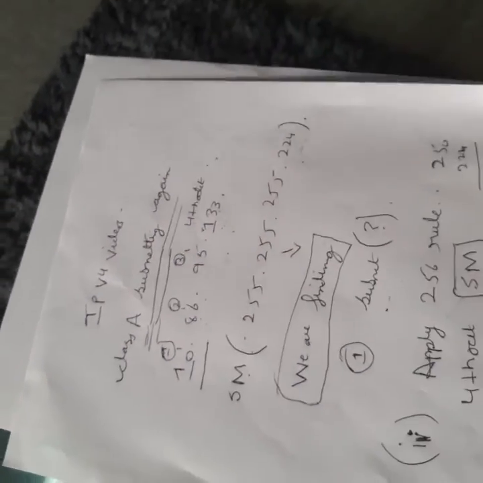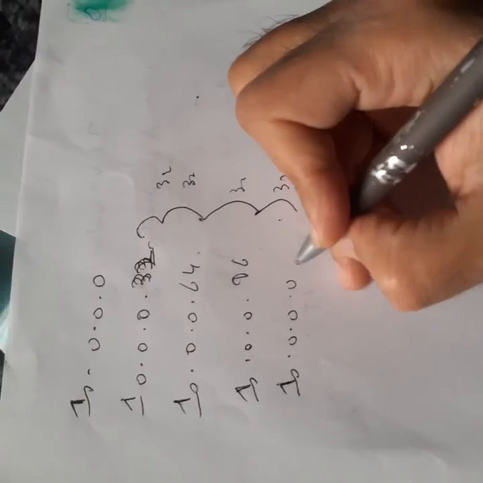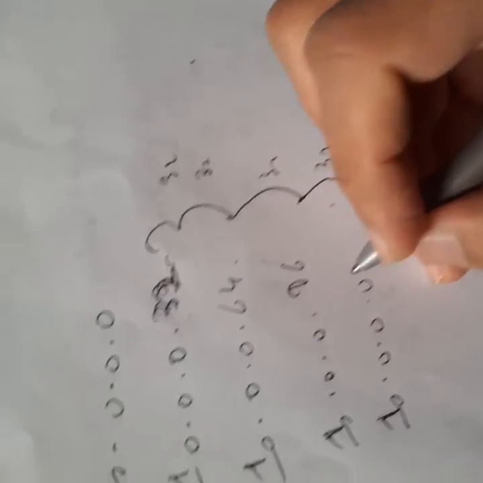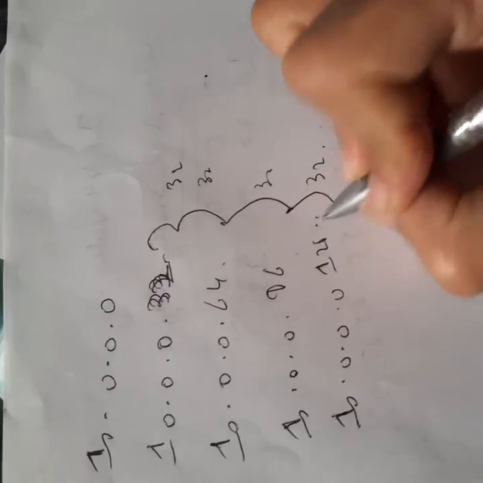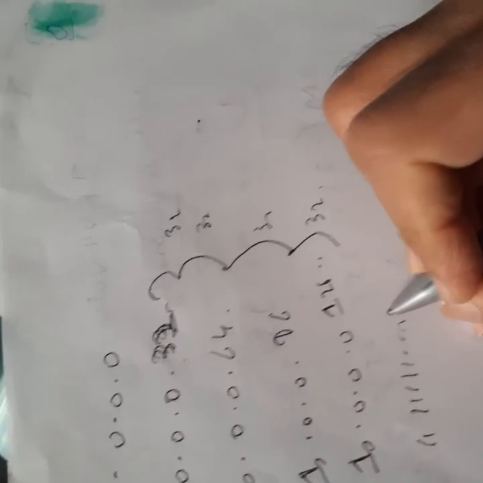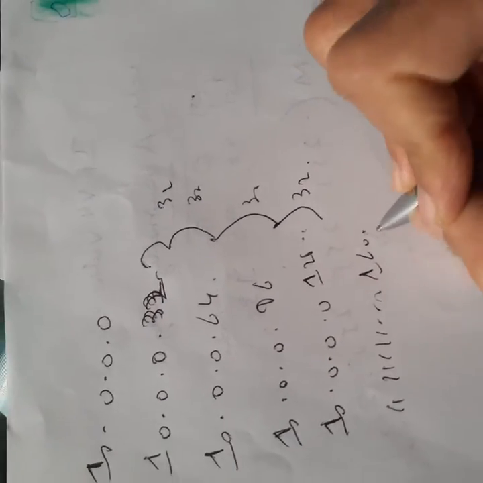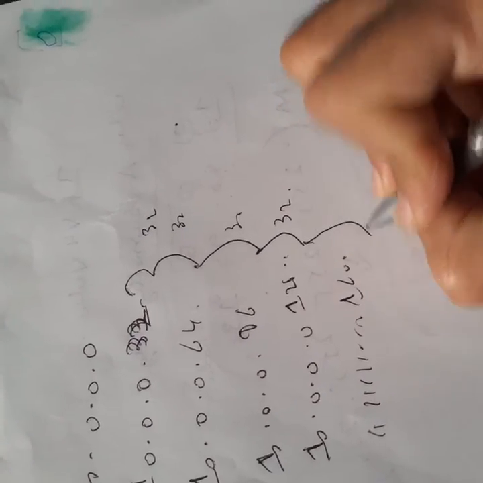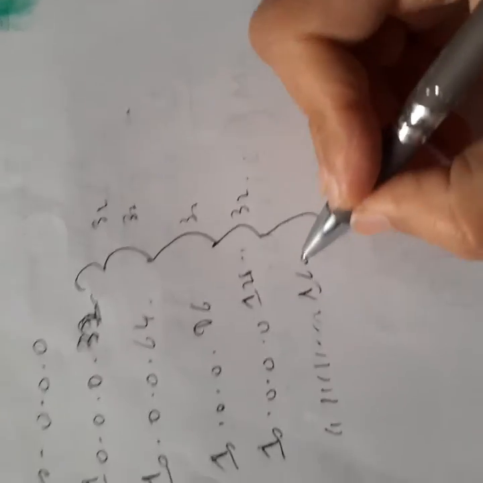So we'll carry on with 133. Let's see where it takes us. So after 96, it's going to be 128. And then similarly, we'll carry on to 160. And we'll stop at 160.